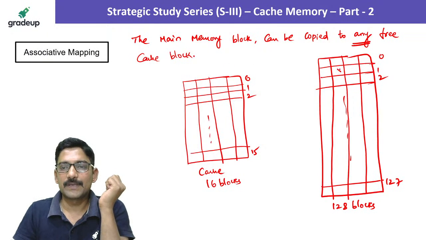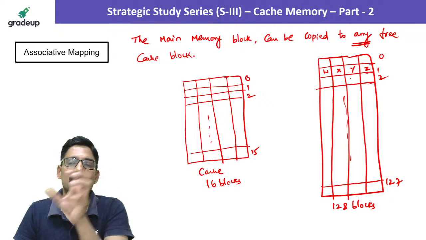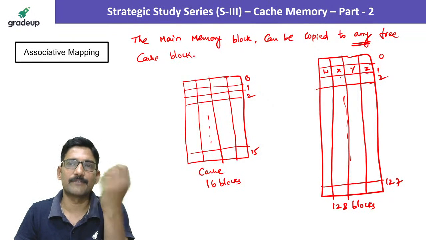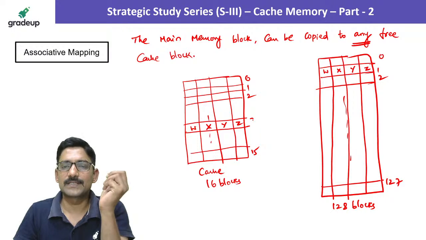Now if X is requested, not only X is copied; we know according to spatial locality the whole block is copied, and it can be copied anywhere. So I am copying, let's say, in 7.